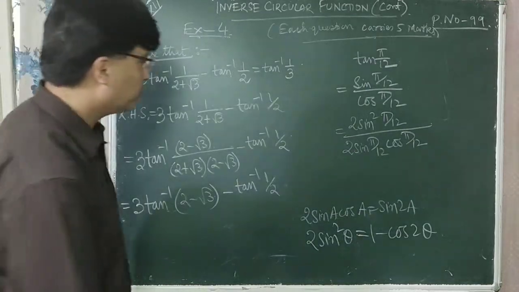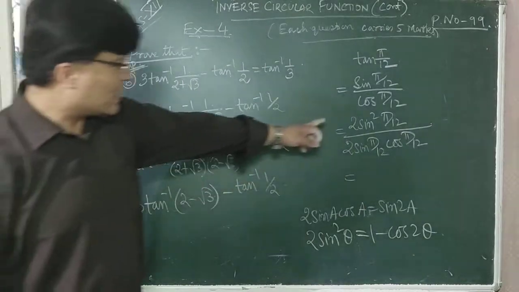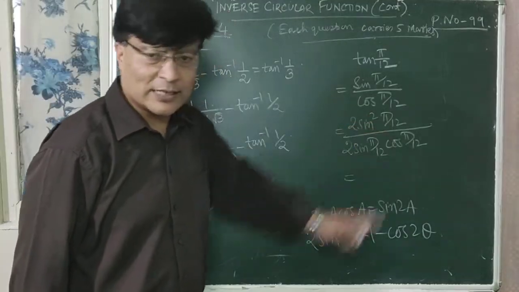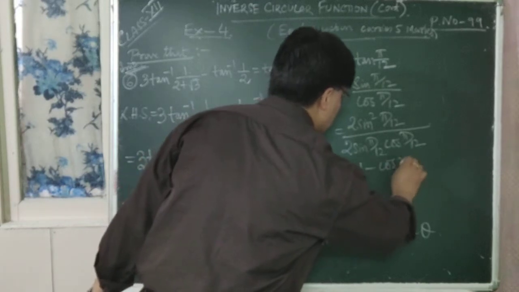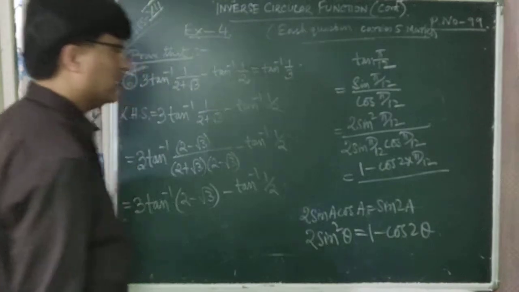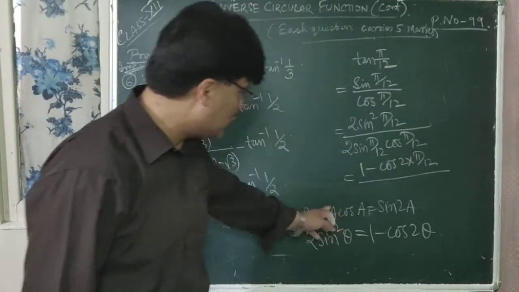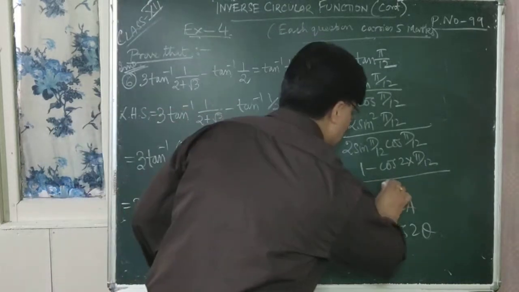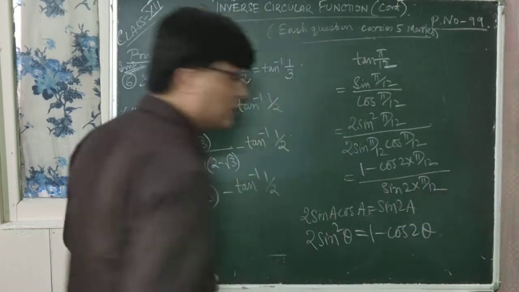Okay, so which is equal to 2 sin square theta. Here theta is pi by 12. Use this formula, 1 minus cos 2 into pi by 12, whole divided by. Now this is your 2 sin A cos A, sin 2A, isn't it? So it is sin 2 into what is A here? It is pi by 12.